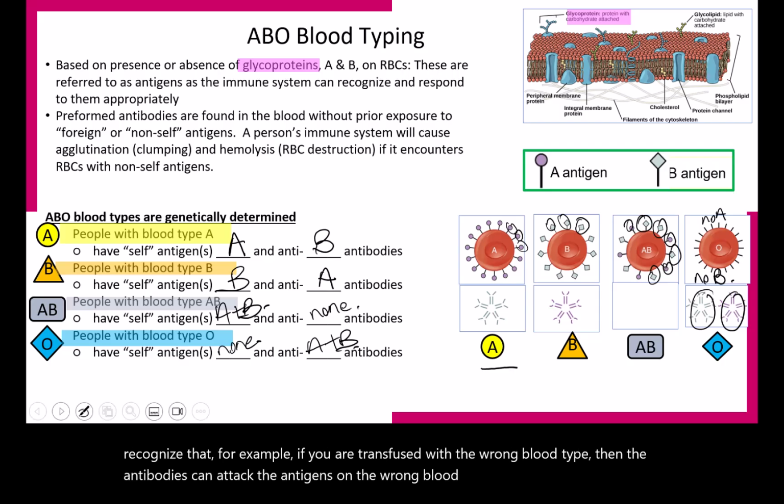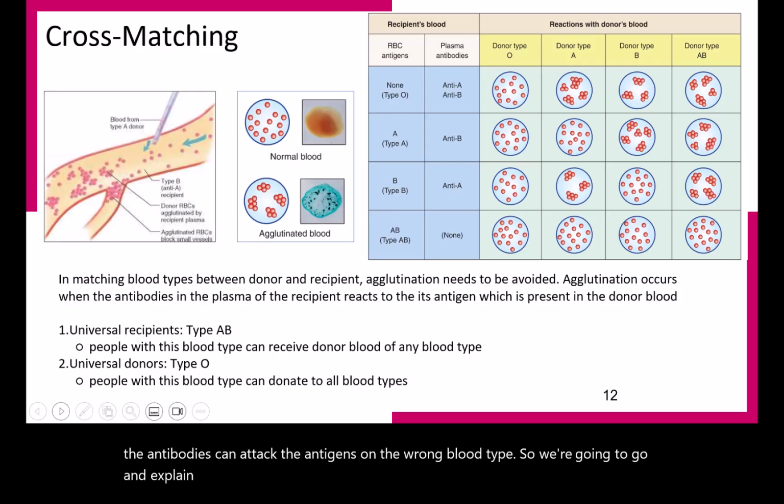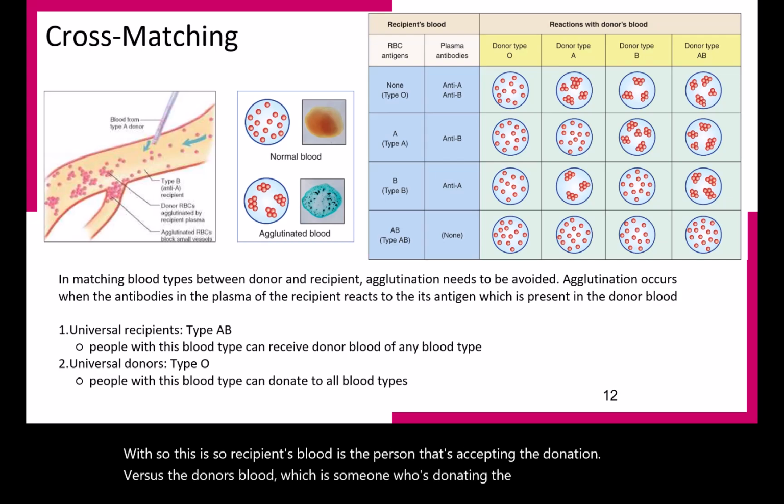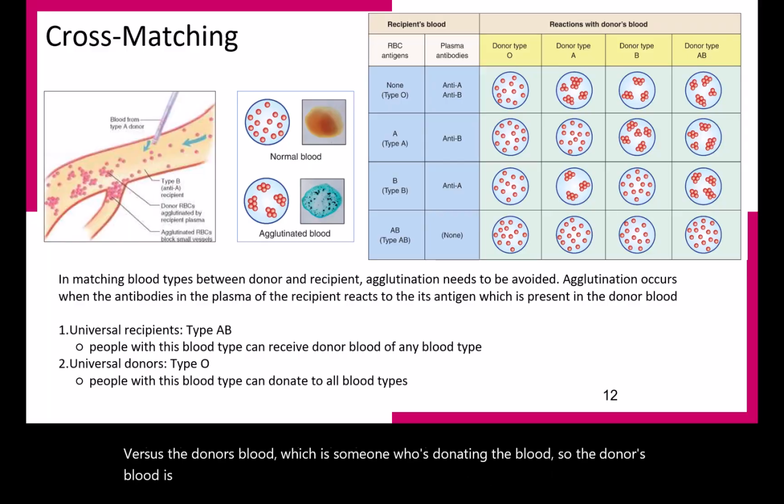So we're going to explain that a little bit. The recipient's blood is the person that's accepting the donation, versus the donor's blood, which is someone who's donating the blood. So the donor's blood is given to the recipient.